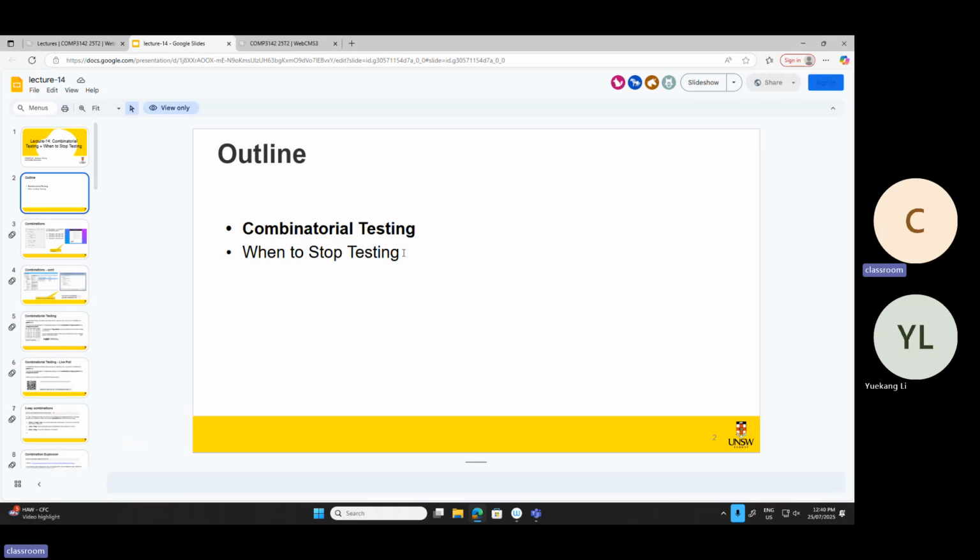And we also learned when to stop testing. When to stop testing is determined by whether the system is reliable or dependable enough. And we have several metrics for calculating the reliability of the system. All of them are actually related to failures, but some of them are related to failures per request. Some of them are related to failures per time unit, right? And availability is a special one.